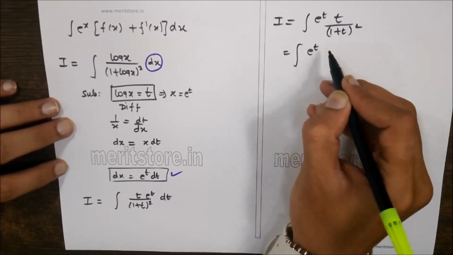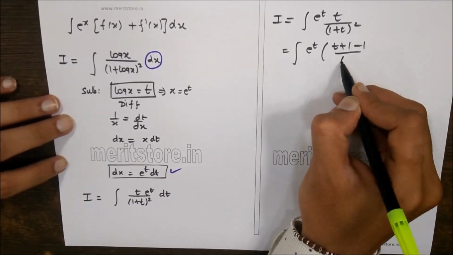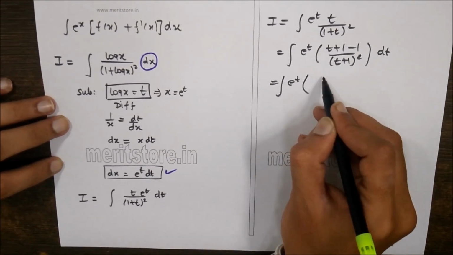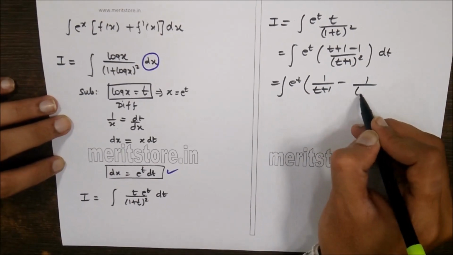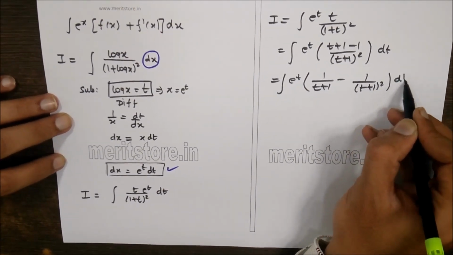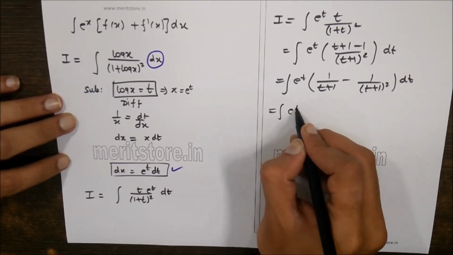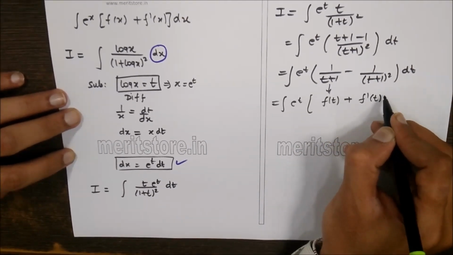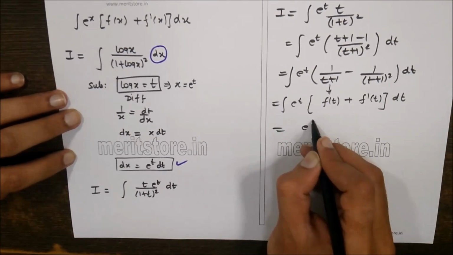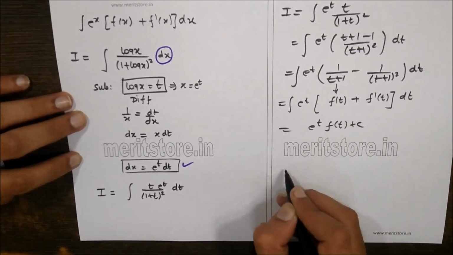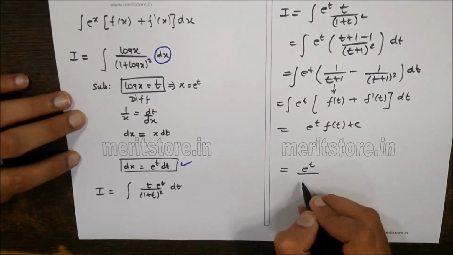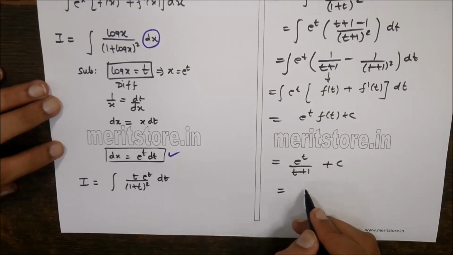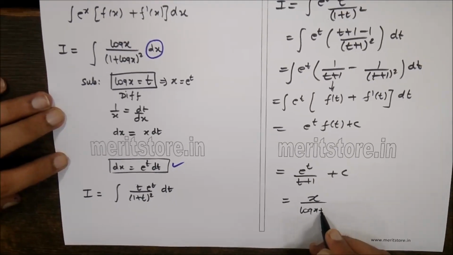We'll write this as e raised to t times 1 plus t minus 1 upon t plus 1 the whole square dt. E raised to t times 1 upon t plus 1 minus 1 upon t plus 1 the whole square. This is now e raised to t. This becomes my function of t and this is the derivative of the same. My answer, e raised to t f of t plus c, that is e raised to t upon t plus 1 plus c, and resubstituting the values of t, my answer is x upon log x plus 1 plus c.